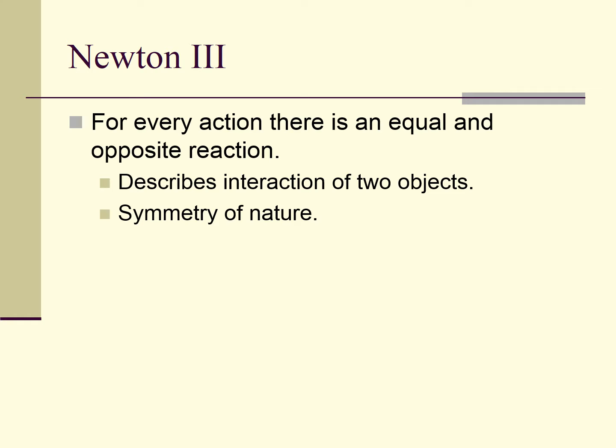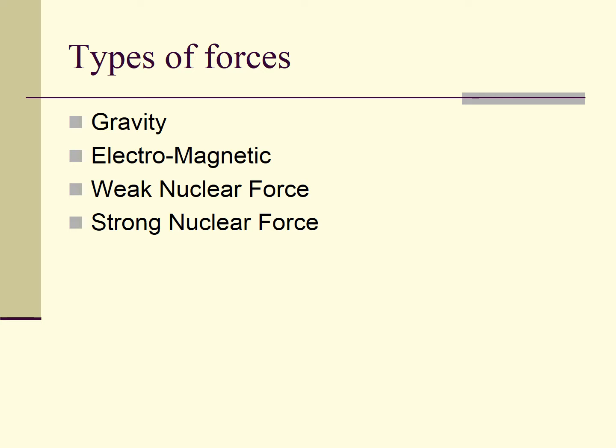We characterize a number of different kinds of forces that we're going to look at in physics: gravity, the electromagnetic force, the weak nuclear force, and the strong nuclear force. In the first semester, we're really dealing with the first two, although we generally don't look at the details of the electromagnetic interaction until the second semester.